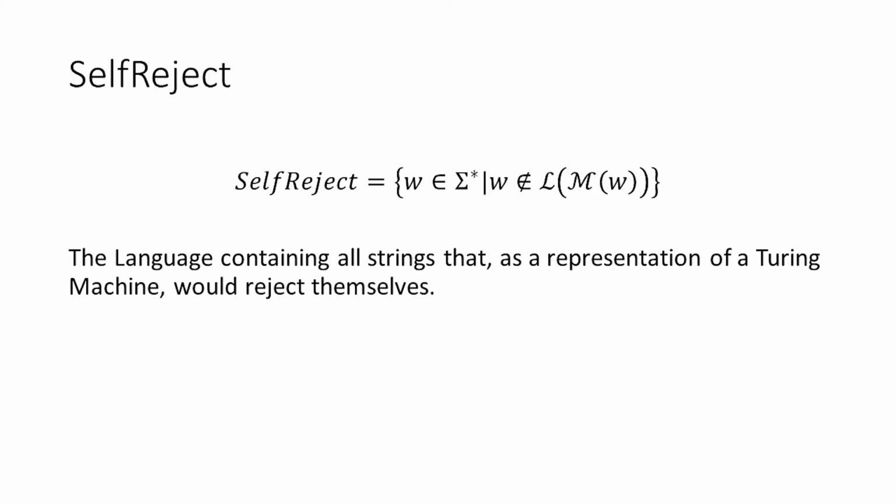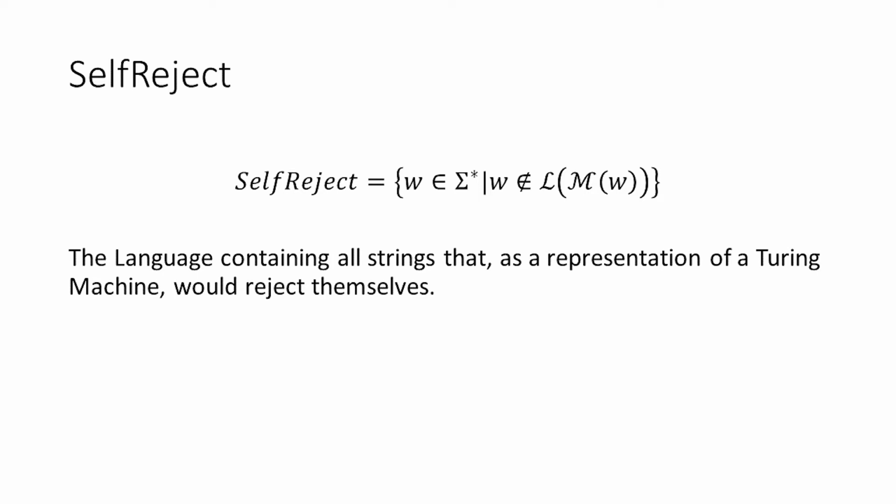So, to define this formally, self-reject is going to be the set of all strings W such that W does not belong to the language of the machine which W represents.